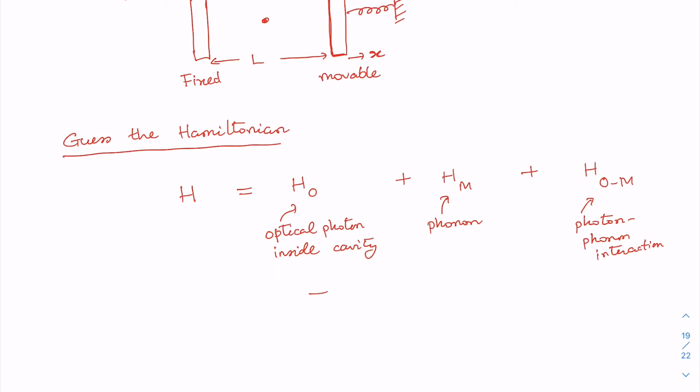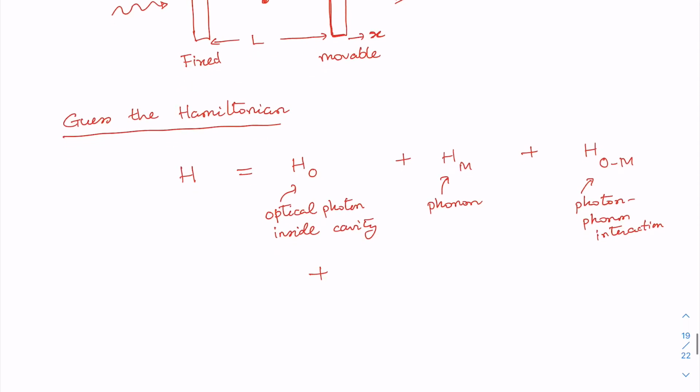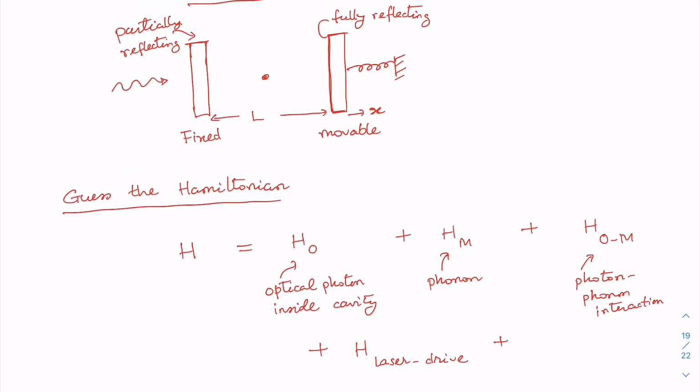Apart from that, we have to throw laser light into this cavity, which means we have to drive the cavity by laser light. So there will be a term in the total Hamiltonian that represents the laser drive. And not only that, we'll have dissipation: the photons will eventually decay from the cavity, and the phonons in the mechanical oscillator will also decay.